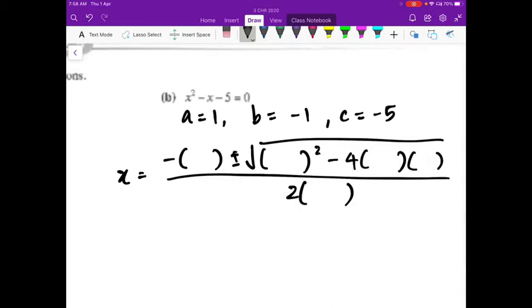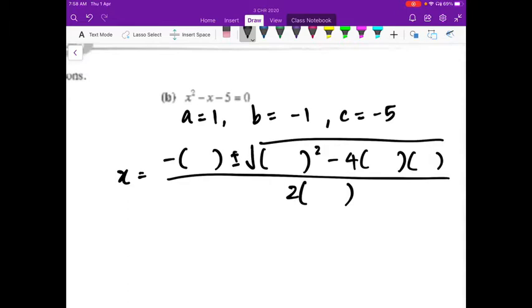For an equation ax squared plus bx plus c equals to 0, once you identify the a, b, and c, they themselves can be positive, can be negative. In this case, some positive, some negative. The answer x equals minus b plus minus square root b squared minus 4ac over 2a.